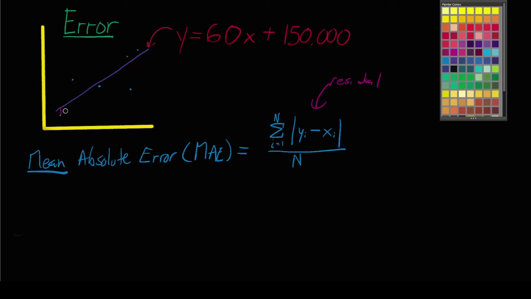So that difference is that line right there. And maybe in this case, just making up numbers, $8,000. And then this one's a bit bigger. So that difference from the actual sale price and the predicted sale price, which was down here, that difference is larger. Maybe that's $16,000. And there's no negatives because you take the absolute value, so everything becomes a positive. So all our numbers are going to be positive.